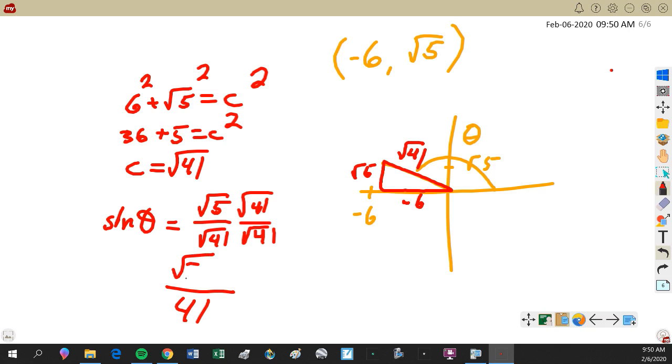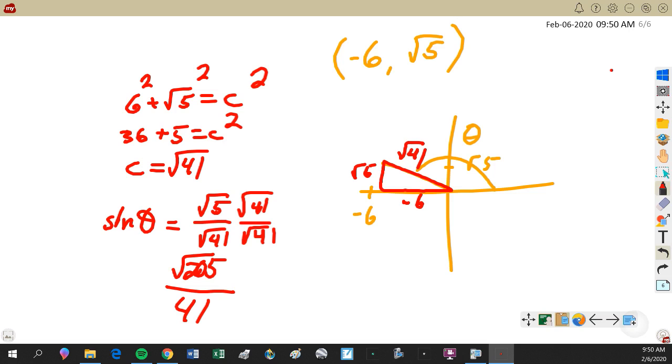The square root of 205. And you would normally need to check to see if the square root of 205 simplifies. But 41 is prime, so the square root of 41 doesn't simplify. So this is just 5 times 41, and there are no pairs in there. So it doesn't simplify. So that would be the sine. Okay? You guys all right with those? Okay.